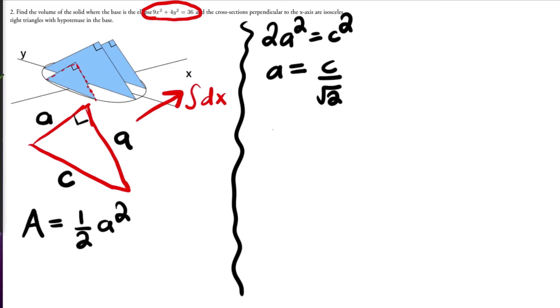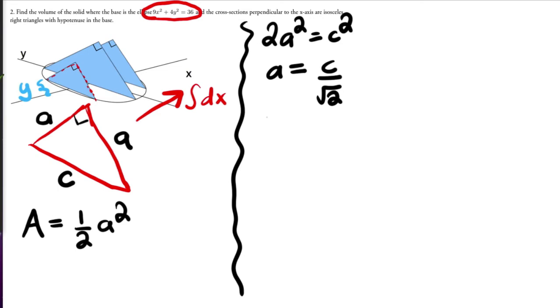So now let's figure out what c is equal to. Notice that the distance from here to here, that's going to be y. So let's solve for y here.